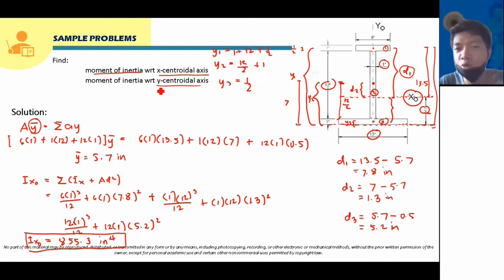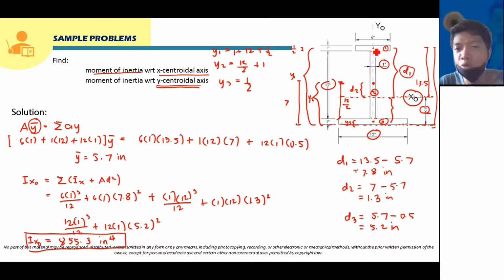You still have I sub y sub o, the moment of inertia with respect to the y centroidal axis. But I think this will be much easier compared to the x centroidal moment of inertia, because for the y centroidal axis you don't need to apply the transfer term anymore.